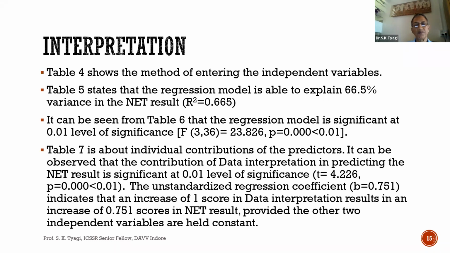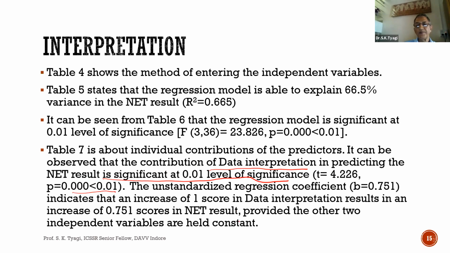Table 7 is about the individual contribution of the predictors. It can be observed that the contribution of data interpretation in predicting net result is significant. Now, individually, we are interpreting the significance. So, the contribution of data interpretation is significant. Okay, why? Because the t value is significant.